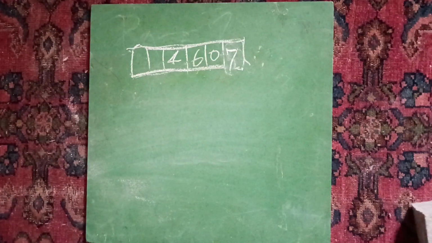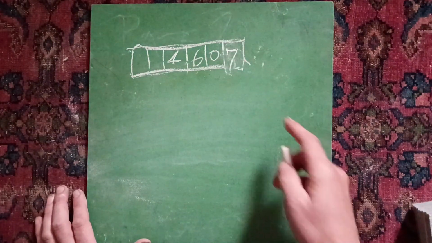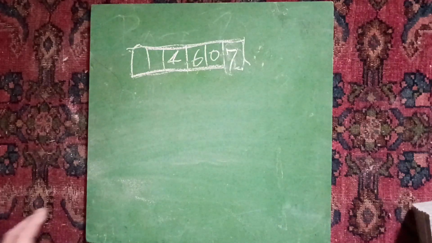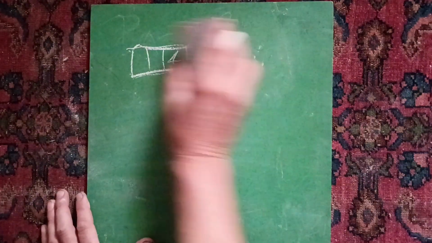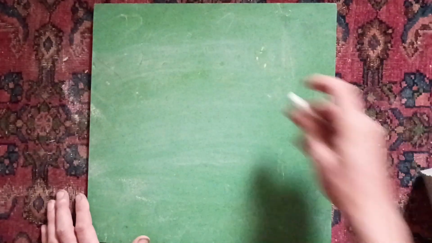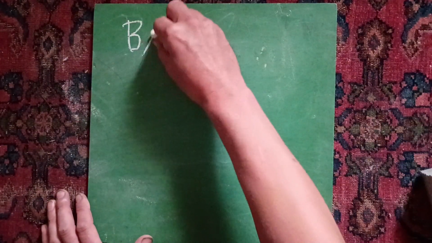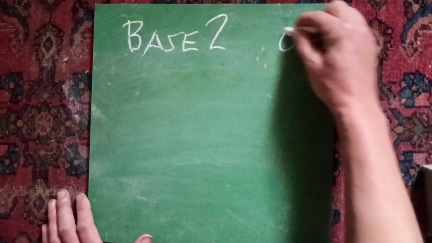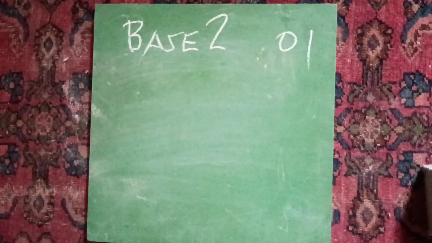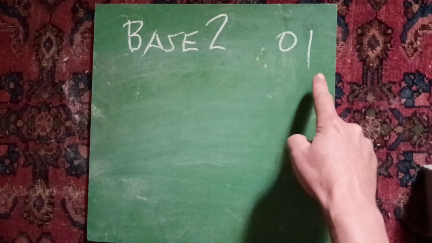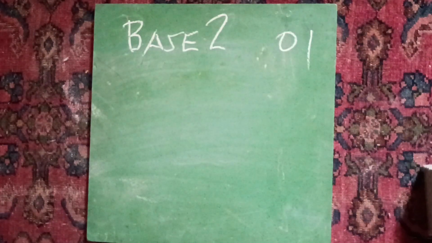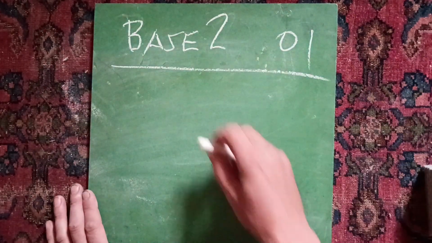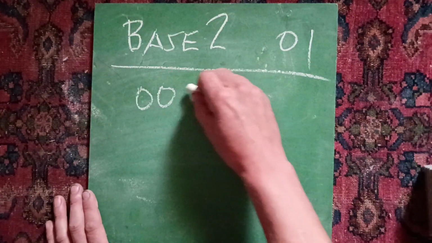So basically, the number of choices that you have, there's 10 choices in base 10. In base 2, ones and zeros, with only 2 choices, the top number of the wheel is 1. So if we were to try to count in base 2, we would go like this.